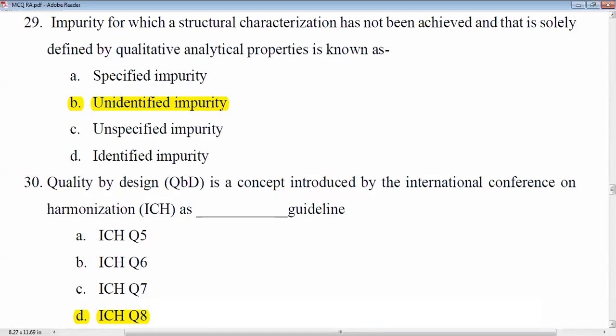So the correct answer is B, unidentified impurity. So impurity for which a structural characterization has not been achieved and that is solely defined by qualitative analytical properties is known as unidentified impurity.